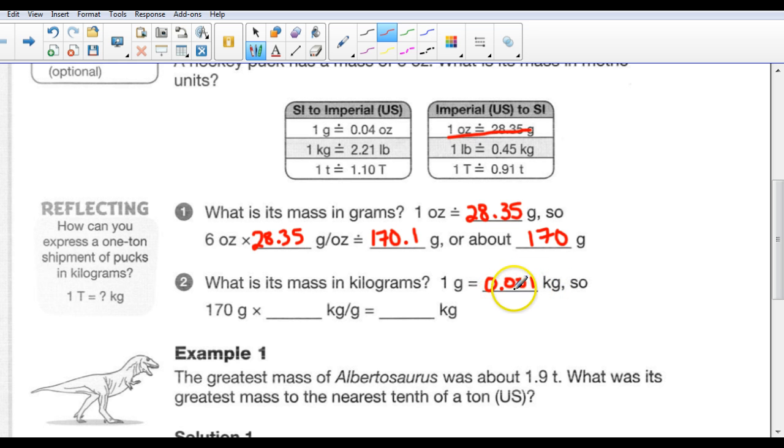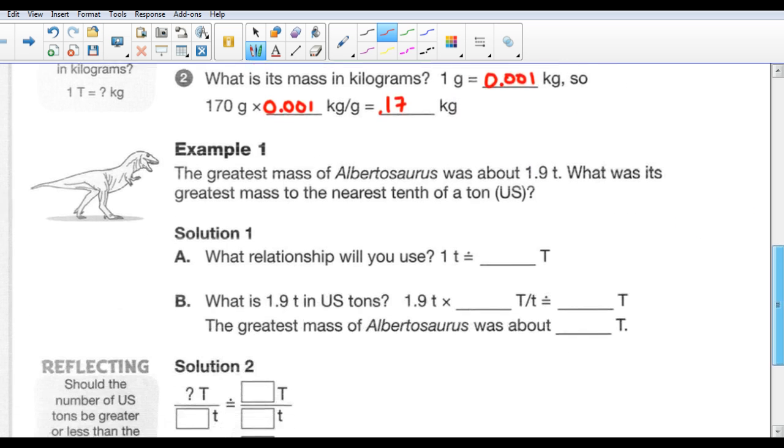So 170 grams multiplied by the conversion ratio of 0.001 kilograms per gram gives us an answer of 0.17 kilograms. Okay, 0.17 kilograms.